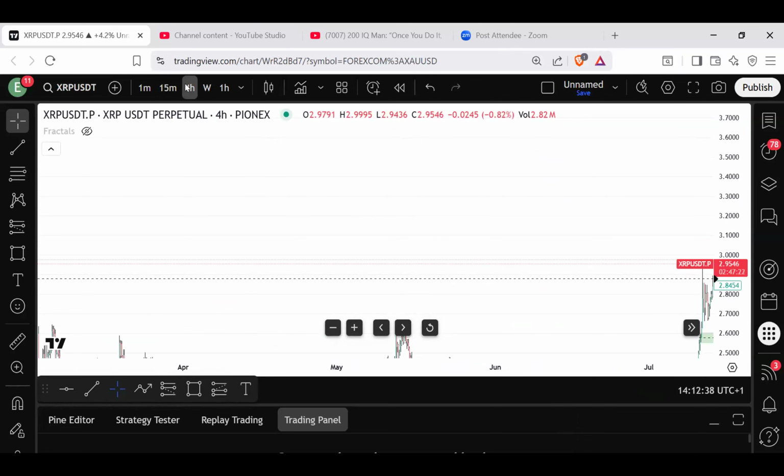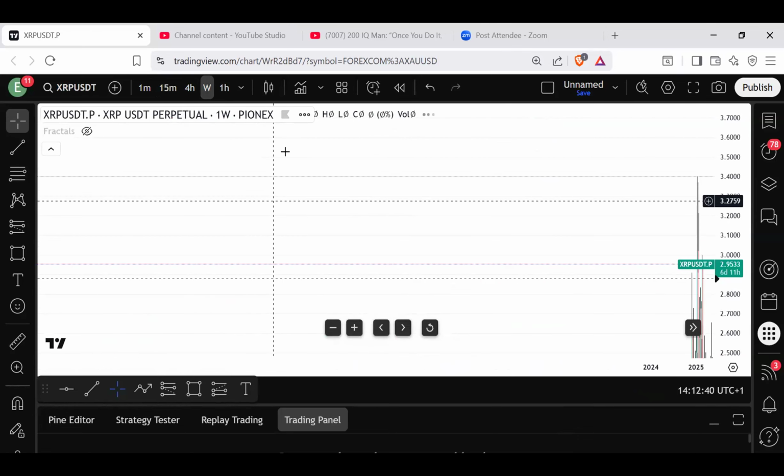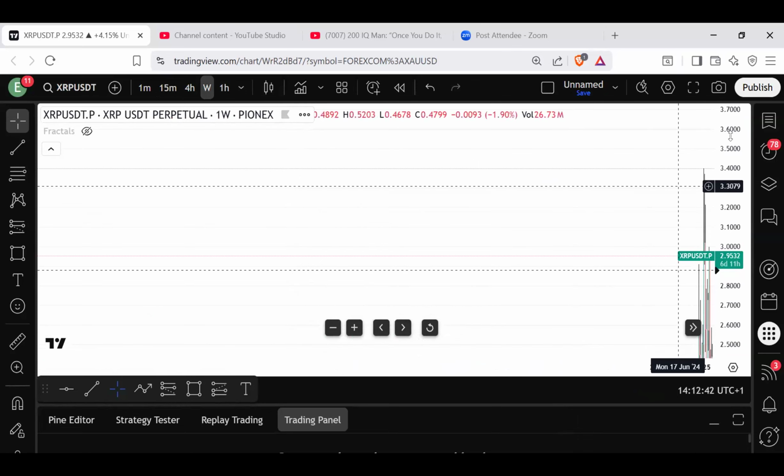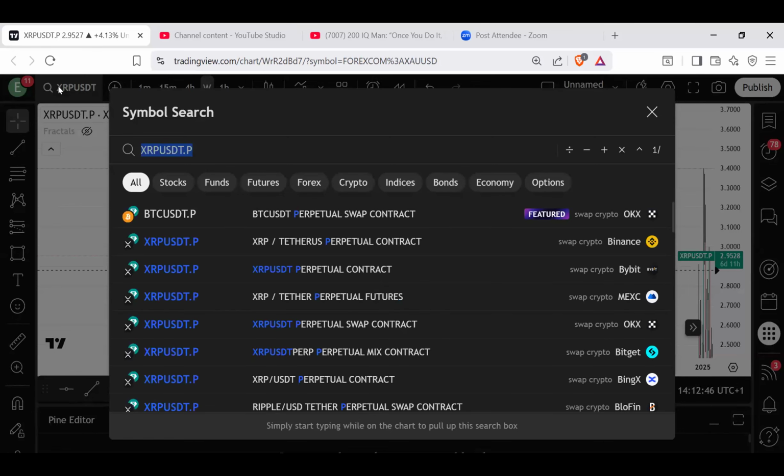Yeah, I can see. Let's look at another pair. Can you give me any crypto pair you want us to look at? Anything randomly, we can see at least two or three charts. That will be better.